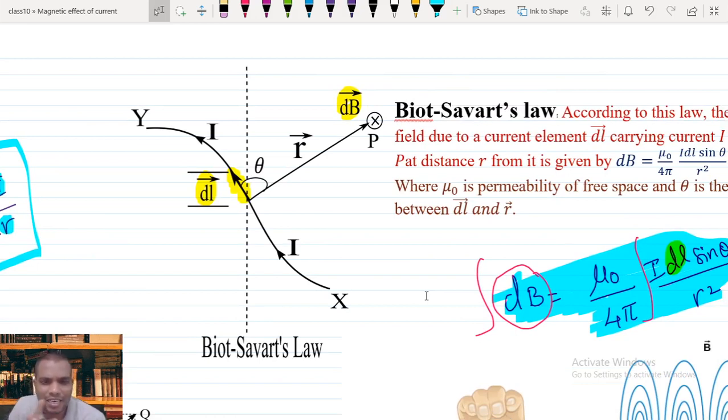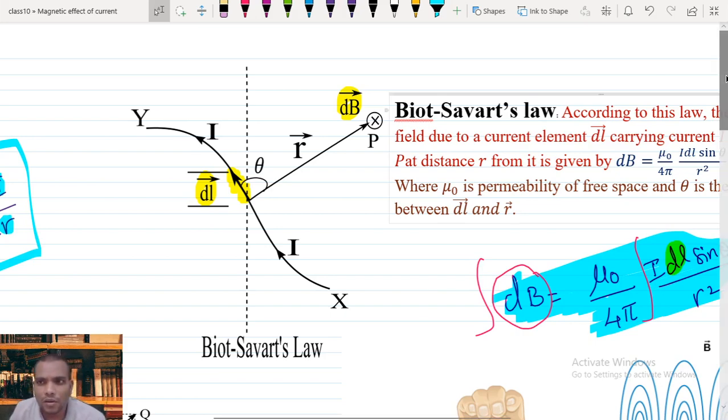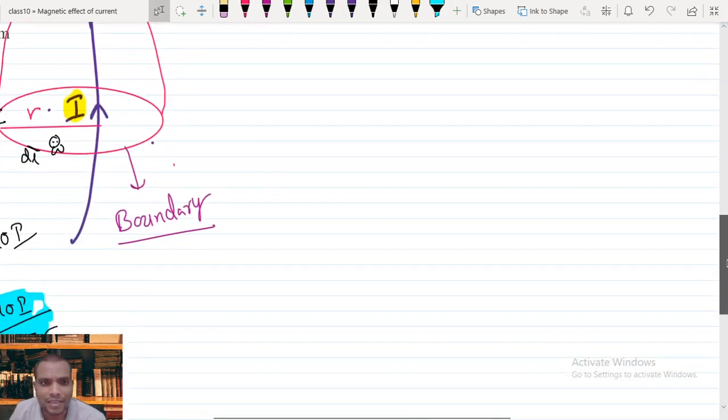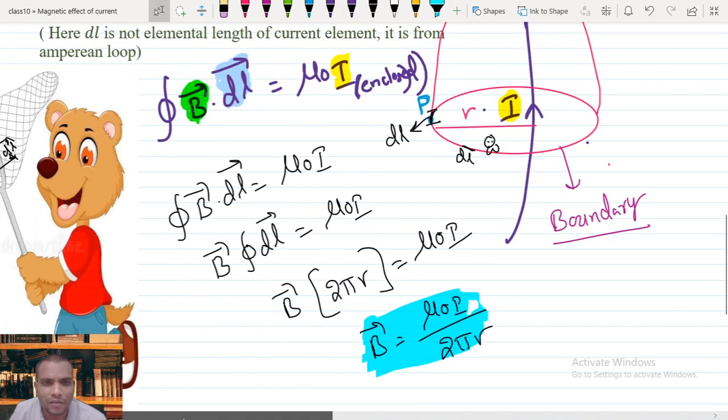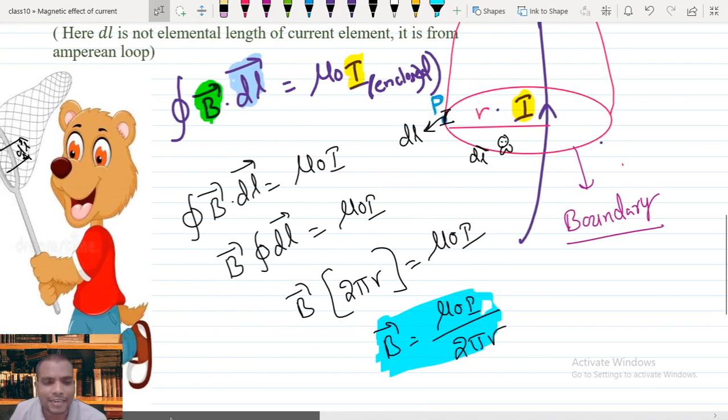Because here we need to convert so many things in terms of that radius, it's very difficult to apply Biot-Savart's law to calculate the magnitude of the magnetic field in this case. But Ampere's law is very handy. It's very easy to find the magnitude of the magnetic field for a given current carrying conductor.